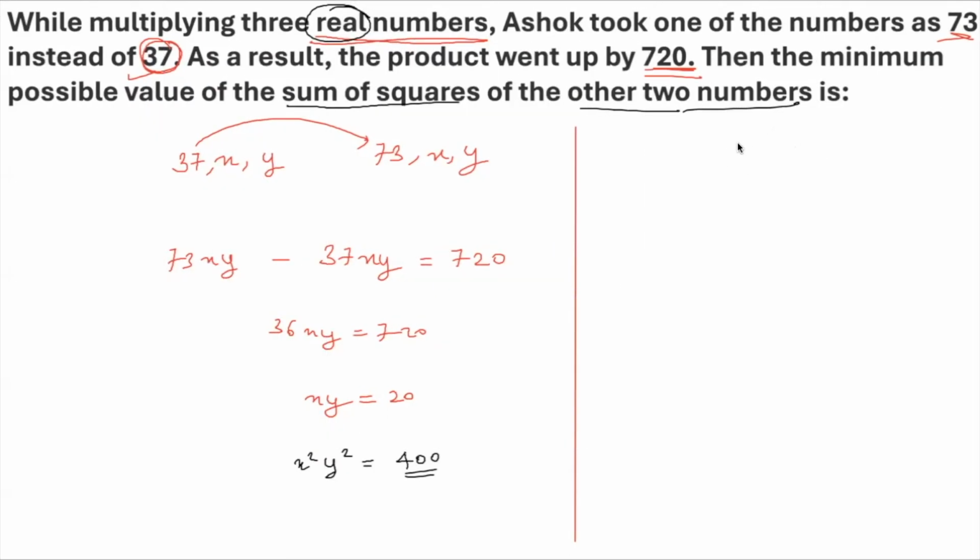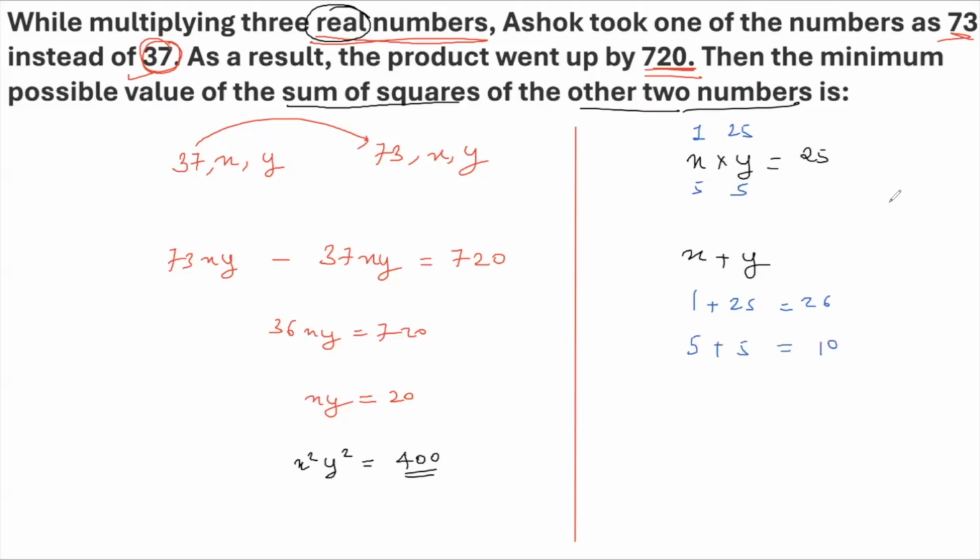There is one more way out based on common sense or some observation here. Pay attention that if I give you x into y as 25, and ask you to observe the sum x plus y. Guys, you will note that when I put x as 1 and y as 25, the sum of x and y is 1 plus 25, that is 26. Same way, if I take x as 5 and y as 5, now 5 plus 5, the value of x plus y is 10.